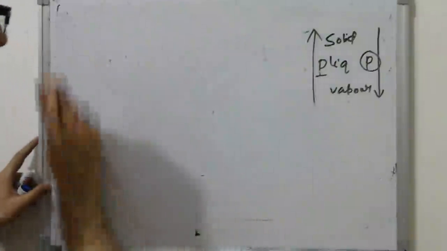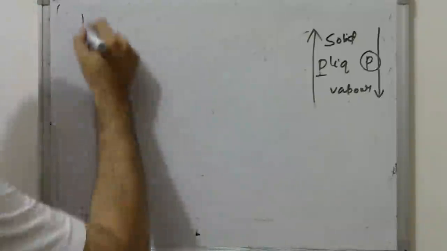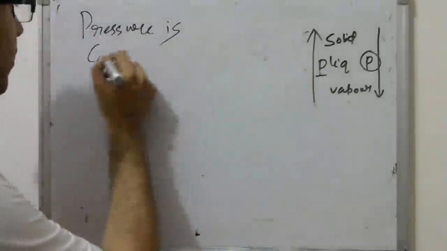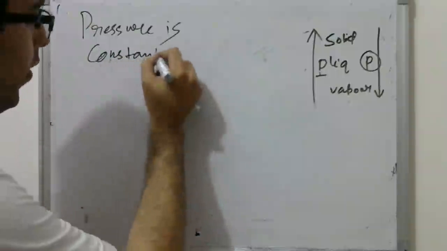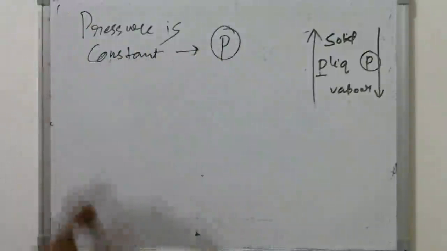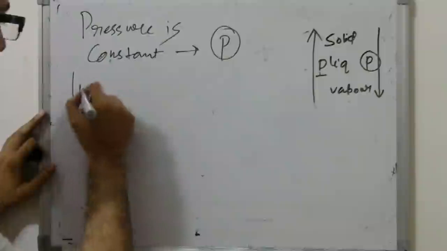Now let's go to the problem. It says that you have to find a triple point. How do you find a triple point? The moment it says a triple point, that means the pressure is constant. Let's say it is P. So I have two equations.